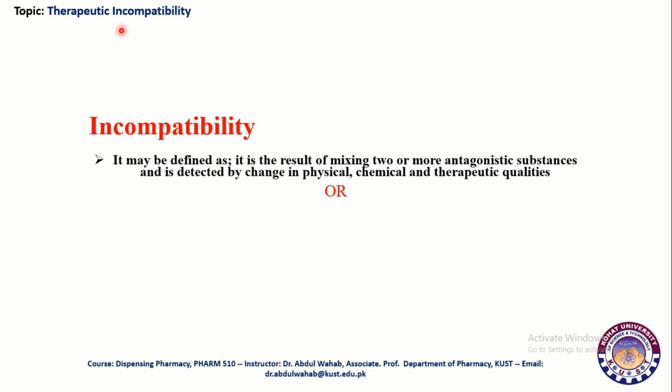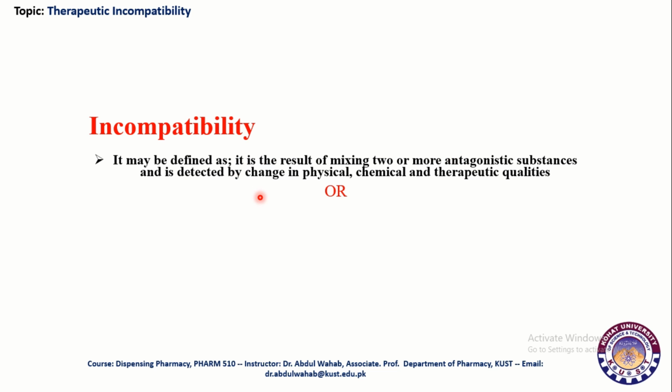Before going to discuss therapeutic incompatibility, I would like to define incompatibility again. It may be defined as the result of mixing two or more antagonistic substances, and is detected by change in physical, chemical and therapeutic qualities of what?